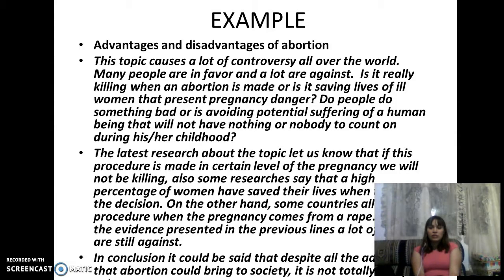On the other hand, some countries allow the procedure when the pregnancy comes from rape. Despite the evidence presented in the previous links, a lot of people are still against. In conclusion, it could be said that the advantage that abortion could bring to society is not totally accepted yet.